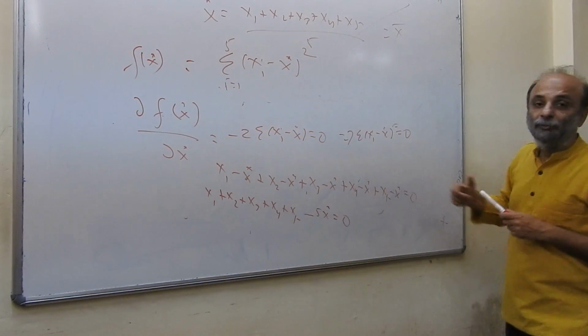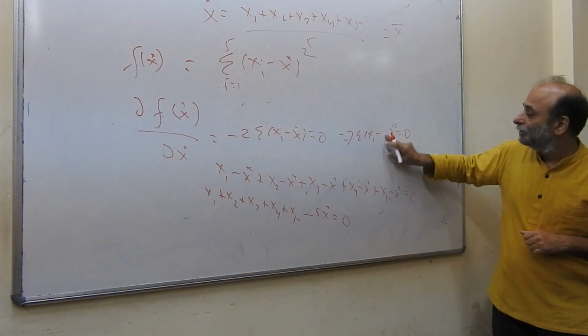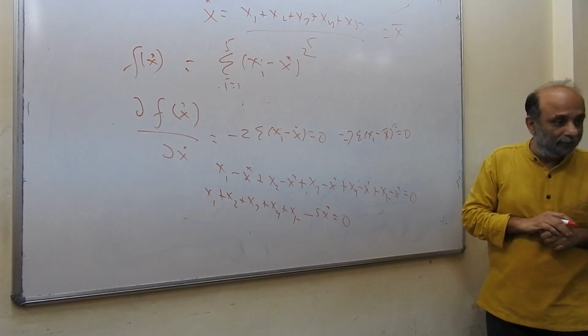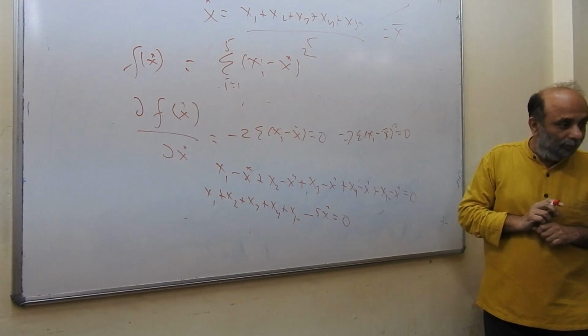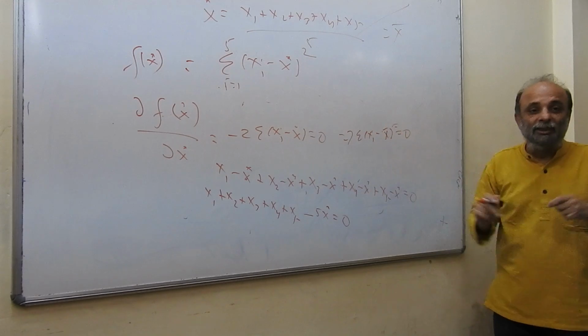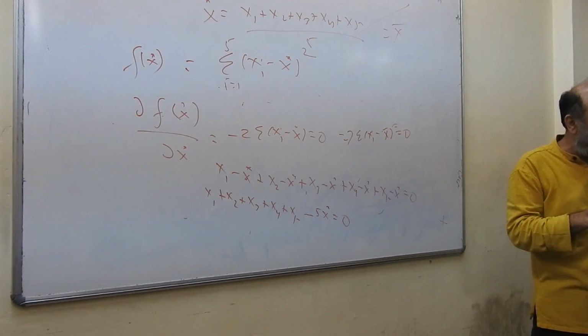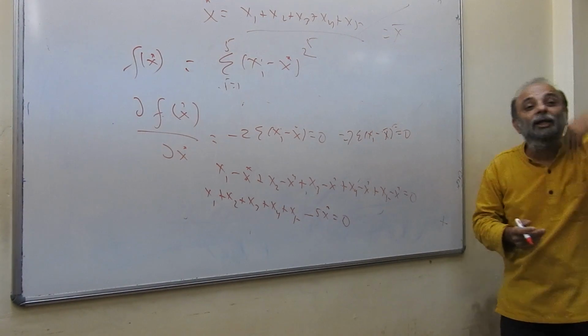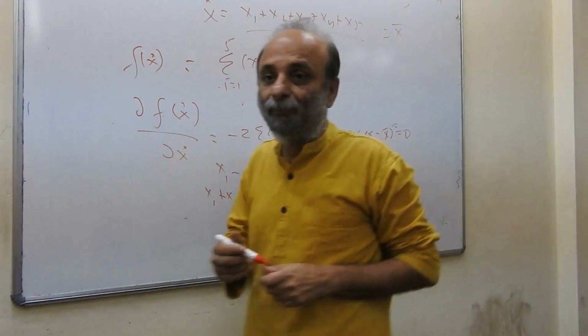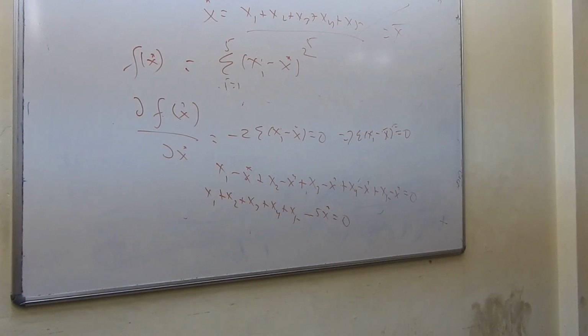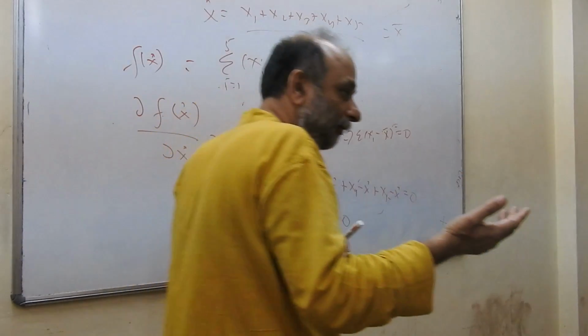Another property follows from this. Now instead of x star, I can replace x star by x bar. So x1 minus x bar is the distance of x1 from x bar, or the gap. We'll call it the deviation of x1 from x bar. x2 minus x bar is the deviation of x2 from x bar. x3 minus x bar is the deviation of x3 from x bar.